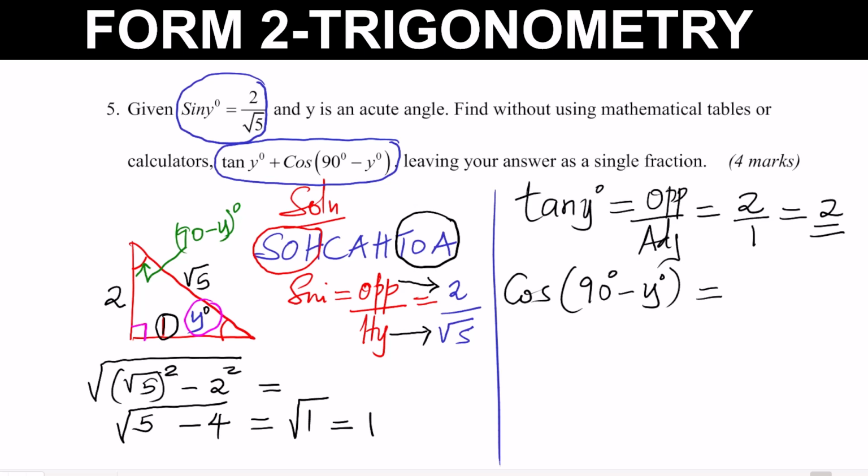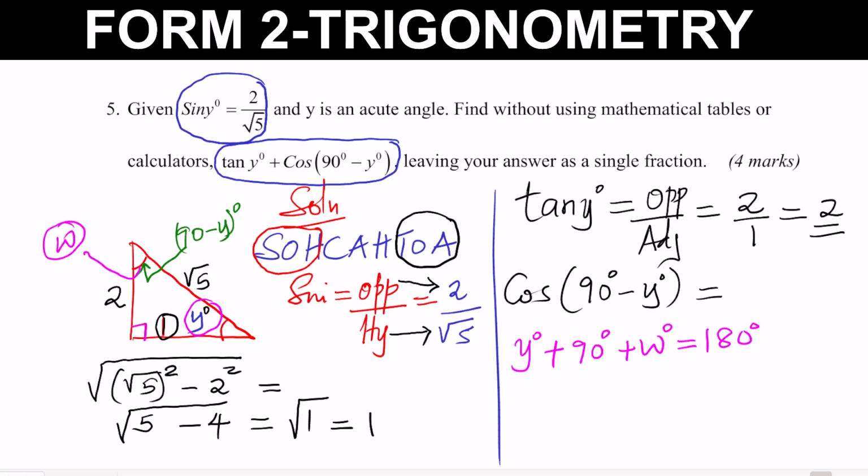Therefore, y degrees plus 90 degrees plus this angle, which I denote by W, should give 180 degrees.